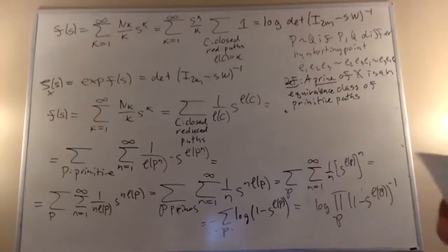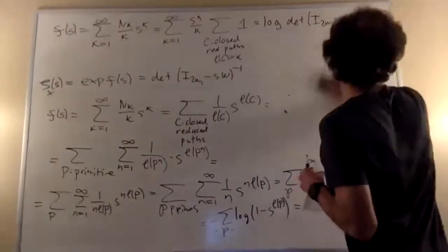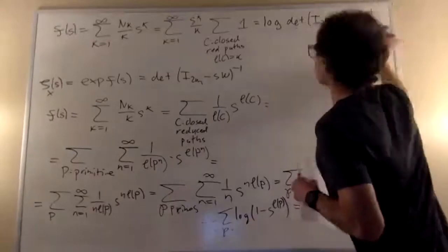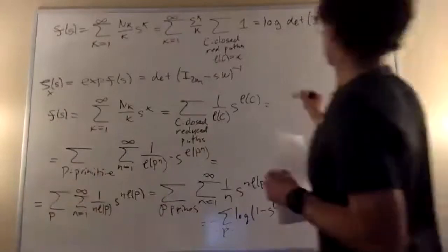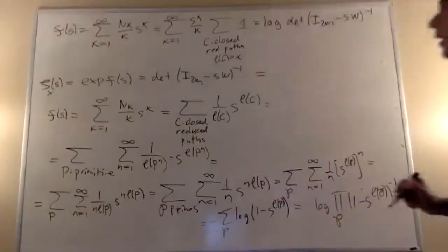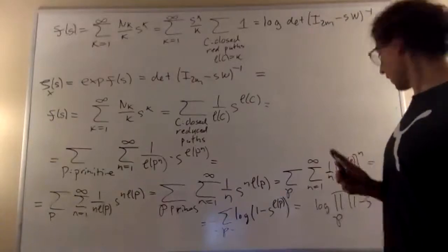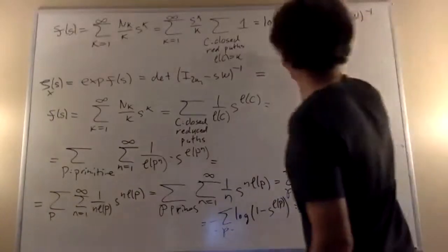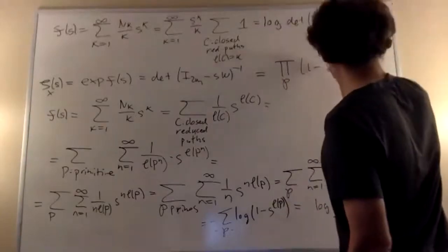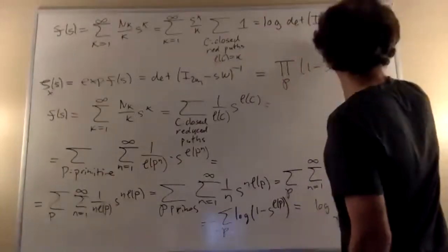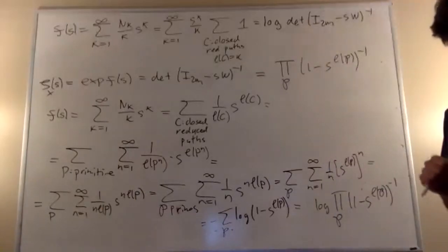Okay. And so our conclusion is that the zeta function, this is called the Ihara zeta function of a graph, is the exponential of this, is the product over all primes of 1 minus s to the length of the prime, to the negative 1. Okay.